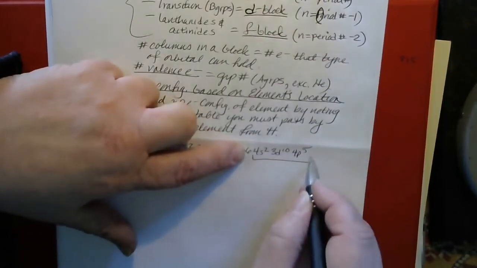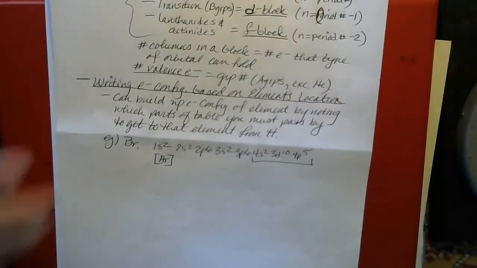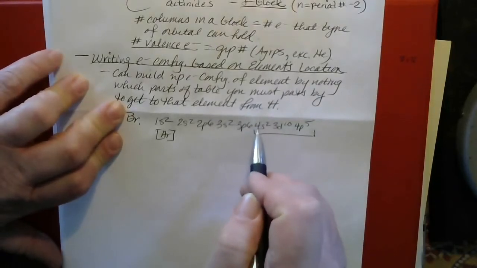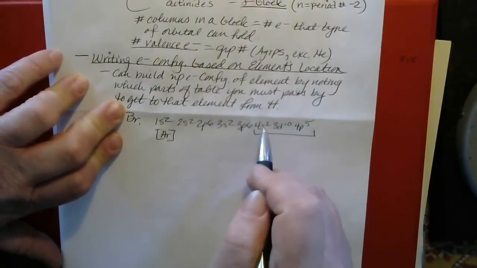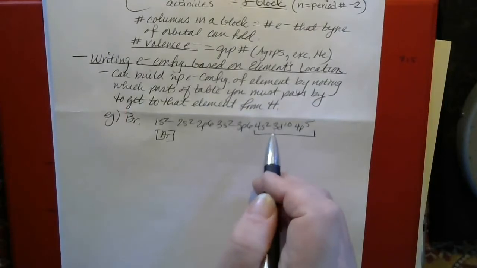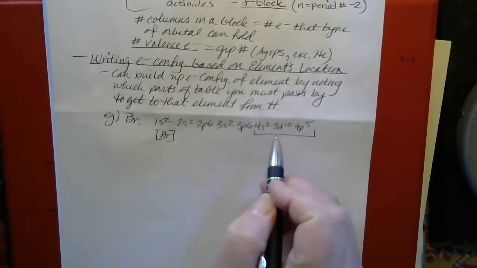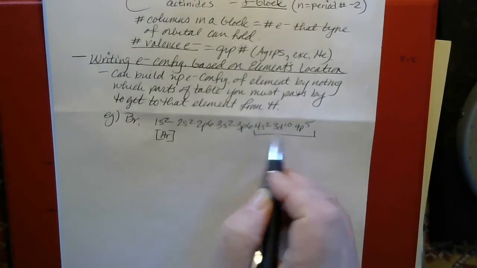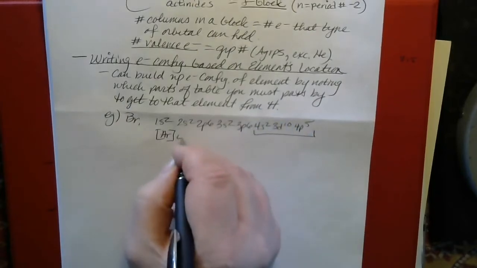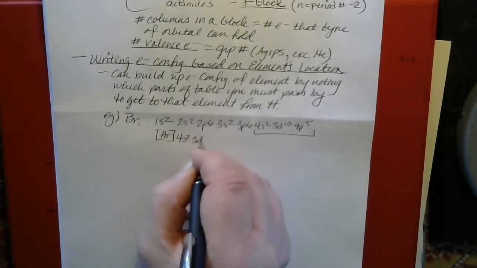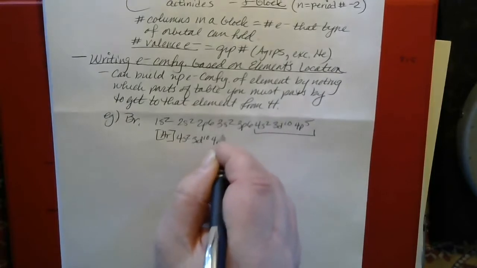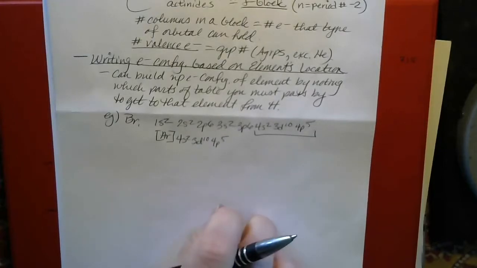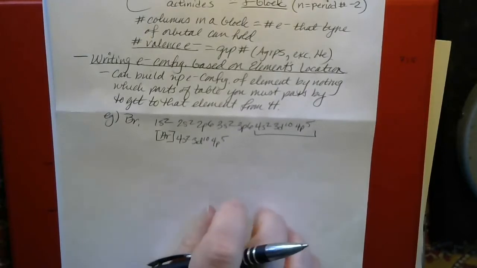So basically, it's the last previous noble gas plus the valence shell. The valence shell includes all of the orbitals with the highest principal quantum number, plus any d electrons in the n-1 level. So this is your valence shell, and so you could also write the electron configuration of bromine like this. Not too bad, actually.